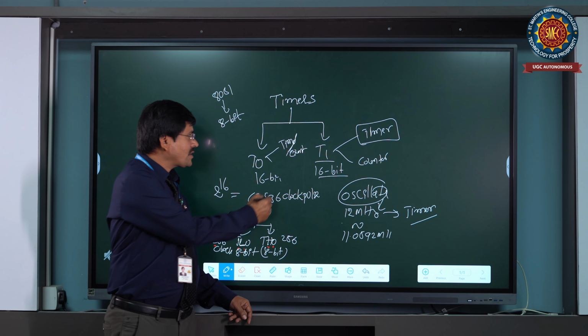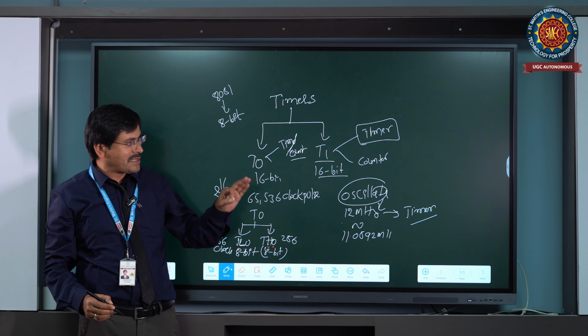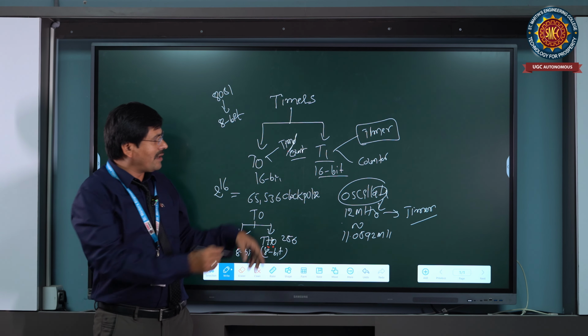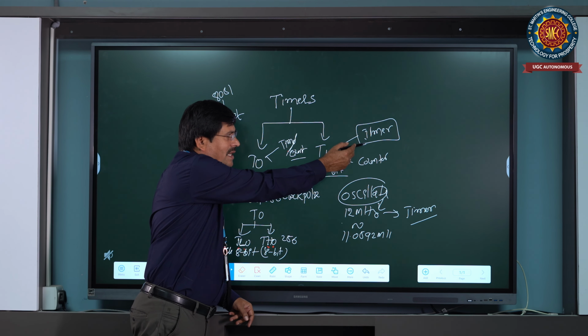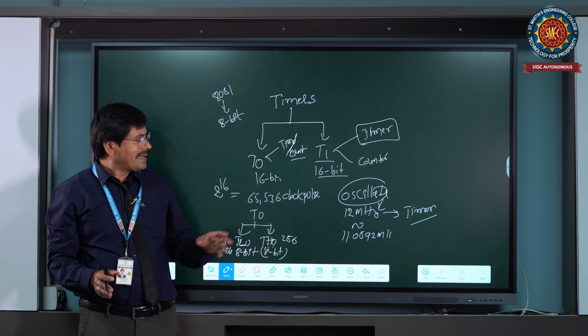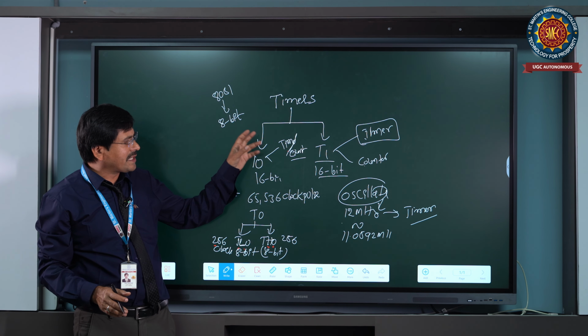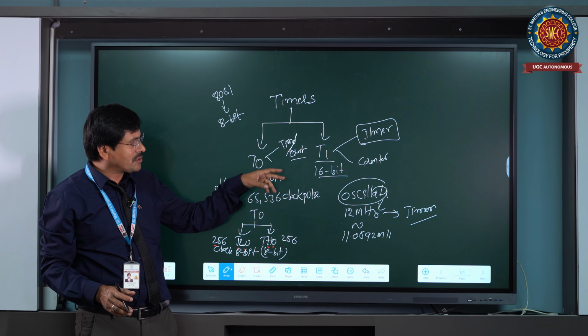Now let's talk about the counter. Both timer and counter count clock pulses only. But the timer counts the internal clock pulses, and the counter counts the external clock pulses. Based on the requirement, the application has to decide where to use the timer and where to use the counter.